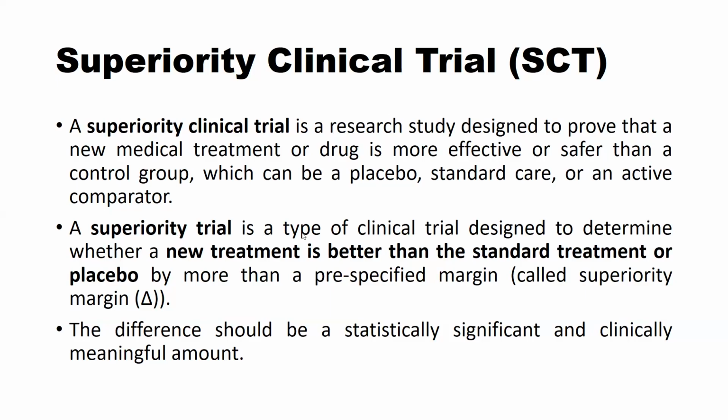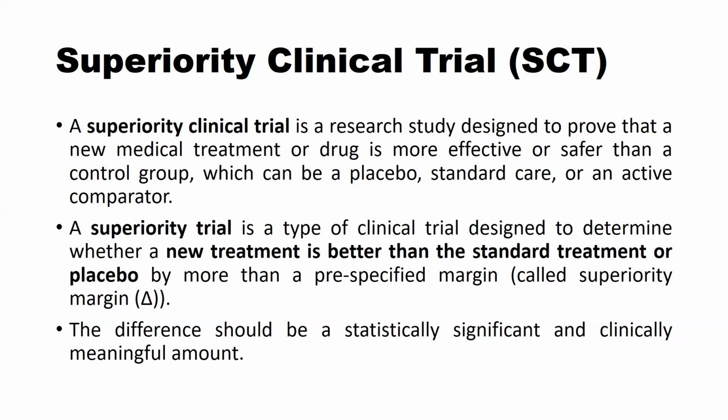So a superiority trial is a type of clinical trial designed to determine whether a new treatment is better than the standard treatment or placebo, by more than a pre-specified margin. That is called the superiority margin. We will discuss it later.